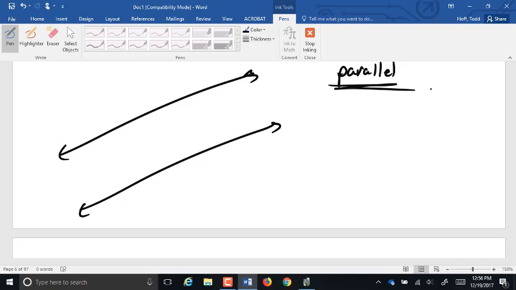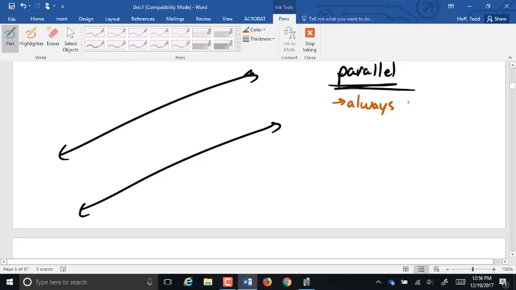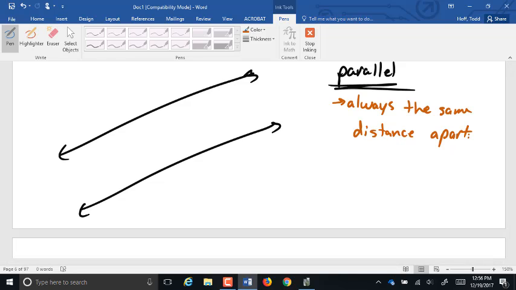No. Are they parallel? No. So the technical definition of parallel, so that it works in 3 dimensions, is always the same distance apart. Technically, the wording is everywhere equidistant, always the same distance apart.